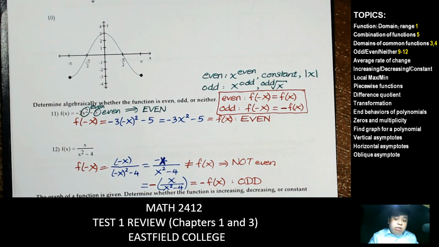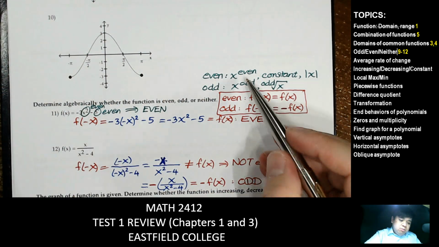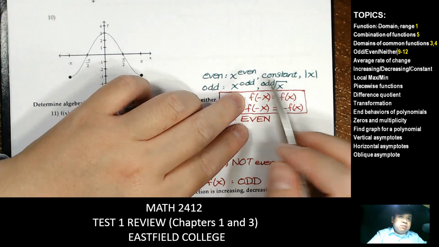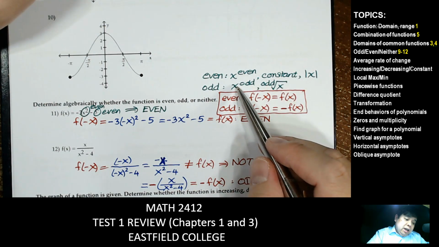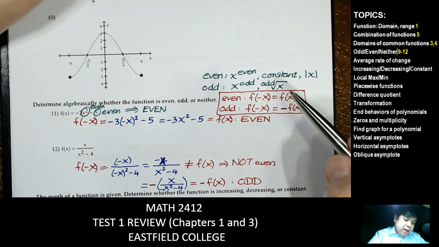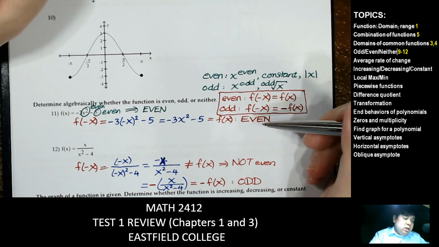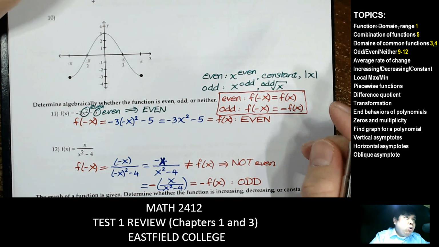We have to use the definition on this one. If it is a polynomial or a combination of all the even terms, it will be even. If it is a combination of odd terms, it will be odd. And if we have one of each, at least one of each, it will be neither. Right.